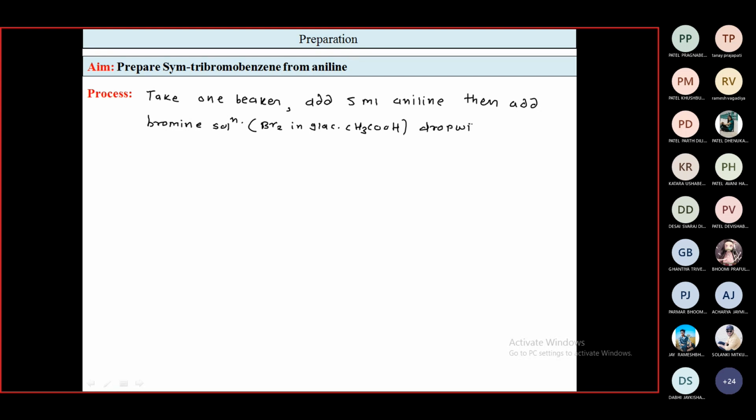As a result we get yellow colored precipitates of symmetrical tribromoaniline. See, we want benzene, but here we are getting the tribromoaniline derivative.